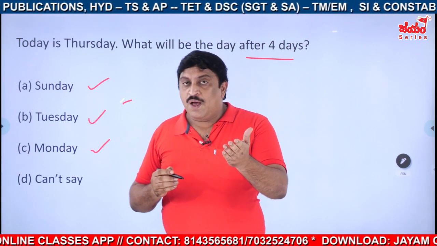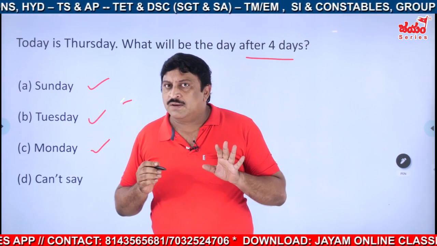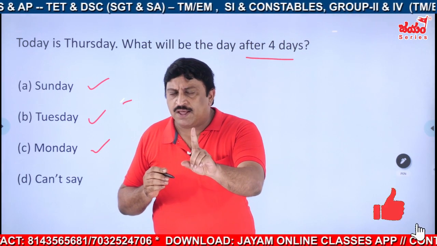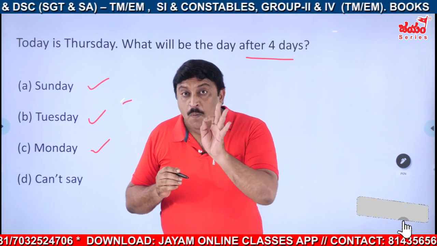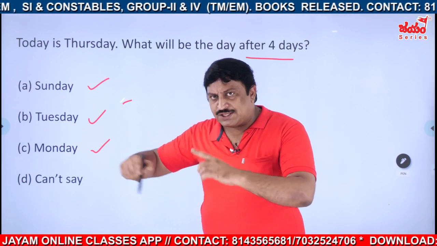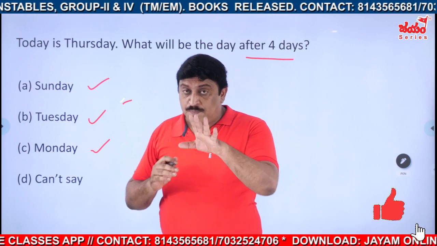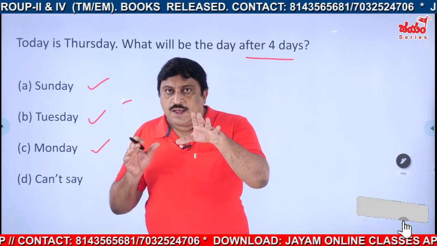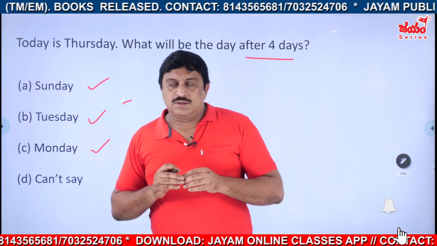See, how many probable answers you got? Only one perfect answer will be there, and the rest of the options are perfect wrong answers. Be cautious about these types of analysis, right?